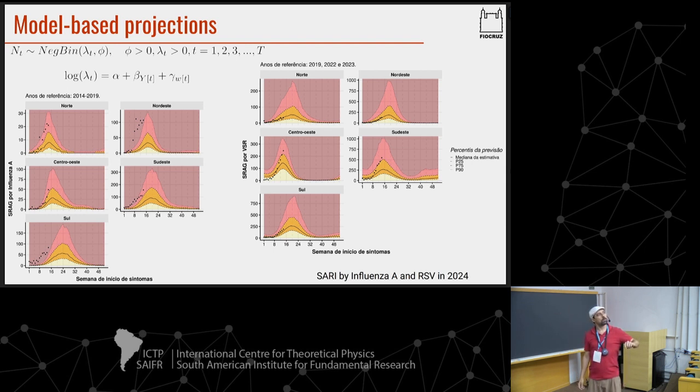Because of how lab testing was run in the country before that. Just a few states actually ran RSV testing on SARI cases on a regular basis. And since our analysis here is for the whole country, the volume would be completely different, because we would have data for just a few states instead of the whole country.